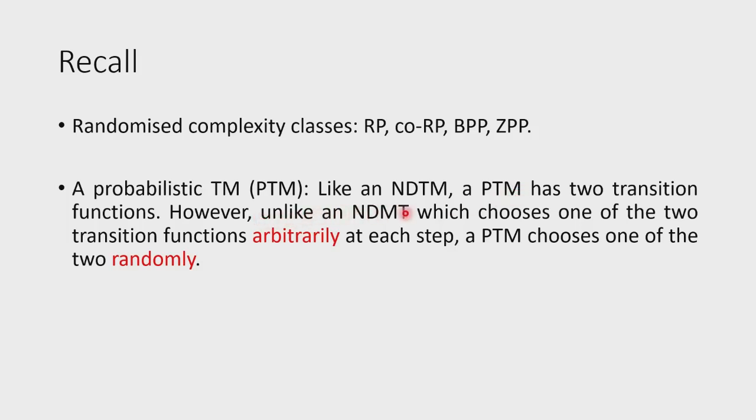However, unlike an NDTM, which chooses one of the two functions arbitrarily at every step, a probabilistic Turing machine chooses one of the two functions randomly. You can think of it as tossing a fair coin: if it lands heads, it chooses one function, and if it lands tails, it chooses the other. On the other hand, an NDTM is not bound to toss a coin and follow the outcome. It can do anything it wants.